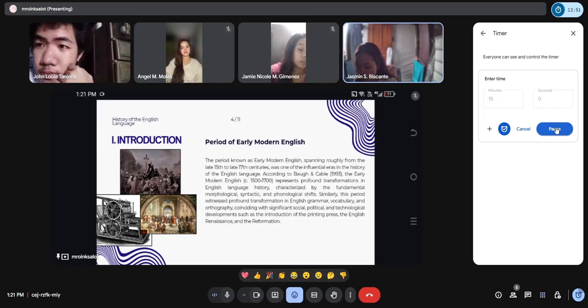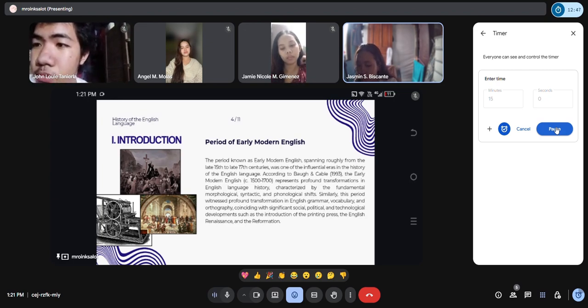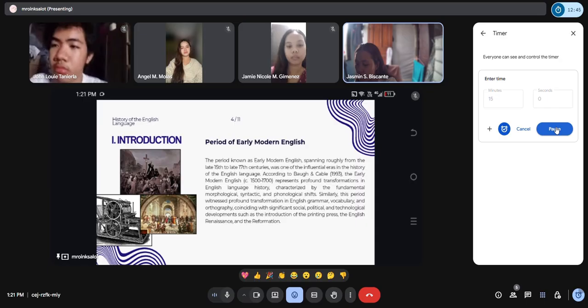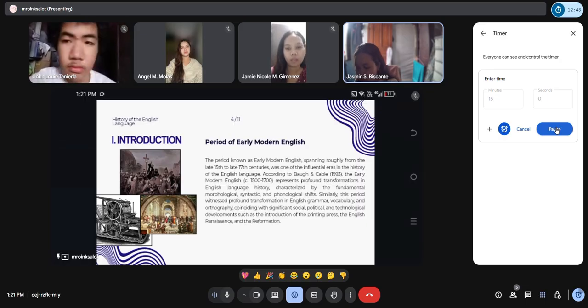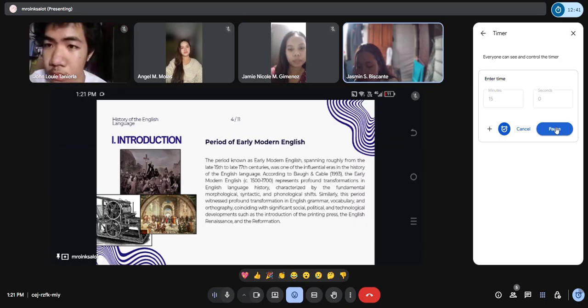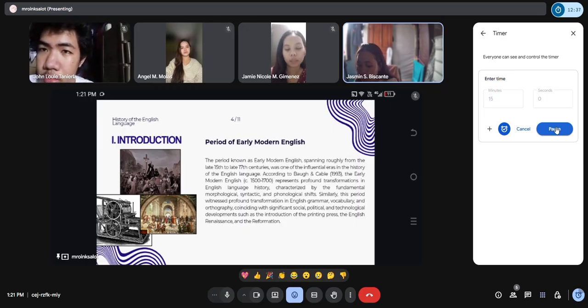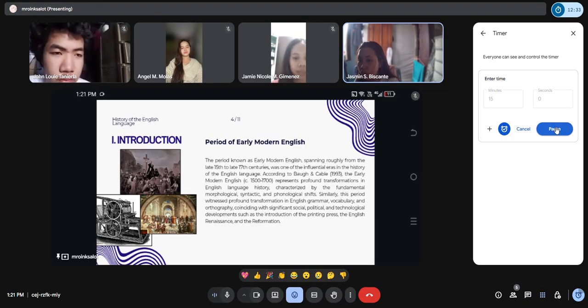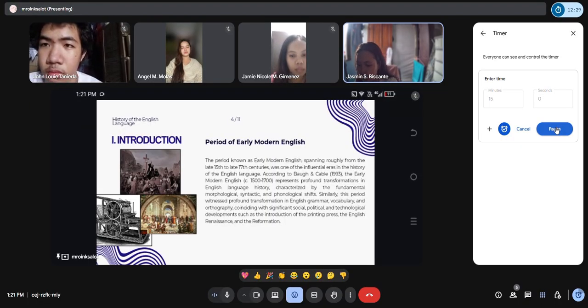This included distinctions between singular and plural forms, as well as formal and informal second-person pronouns, which gradually simplified into the forms we use today. So for today's presentation, we will be focusing on the morphological changes in pronoun declensions, its patterns and evolution, and the social and regional factors influencing these changes, as well as the significance of these changes in modern English.